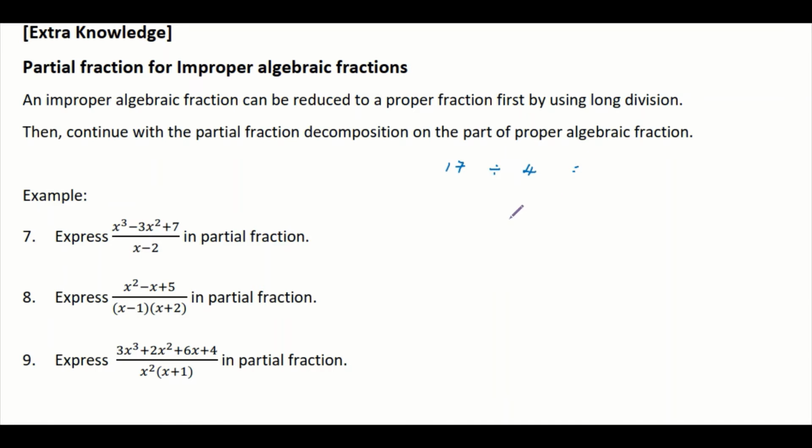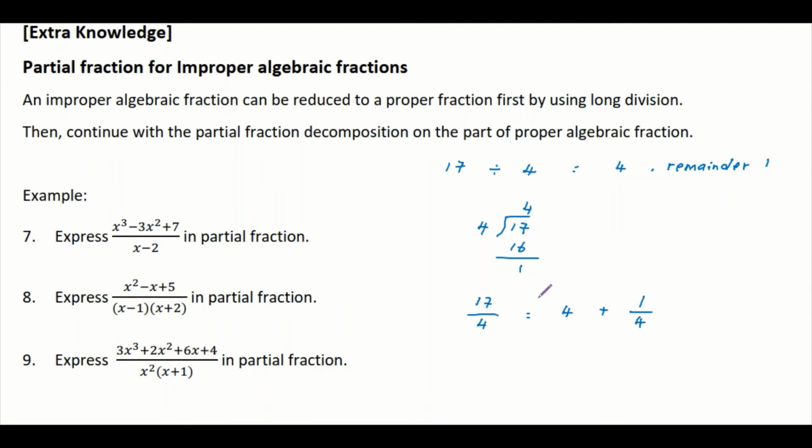Normally you would do long division: 4 times 4 is 16, remainder 1. So you have 4 and remainder 1. But you can also write this another way, without using divide: 17 over 4 equals 4 plus 1 over 4.